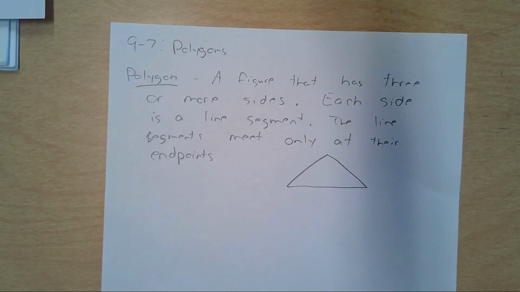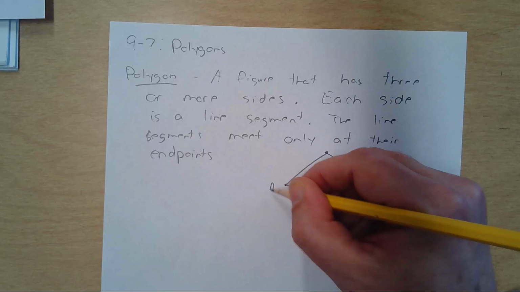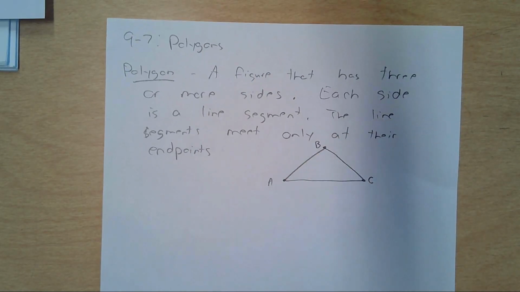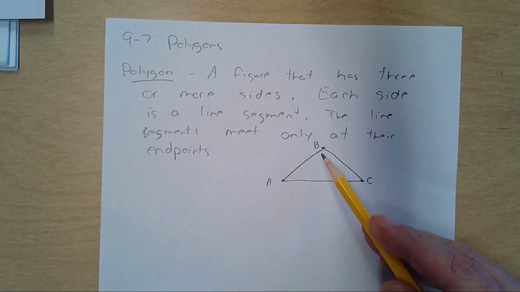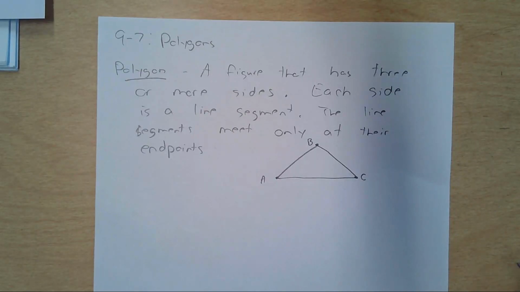A triangle is the smallest of all polygons. I can just call it ABC, but this is indeed composed of 3 line segments: line segment AB, line segment BC, and line segment AC. When I connect them all together, I make a triangle.